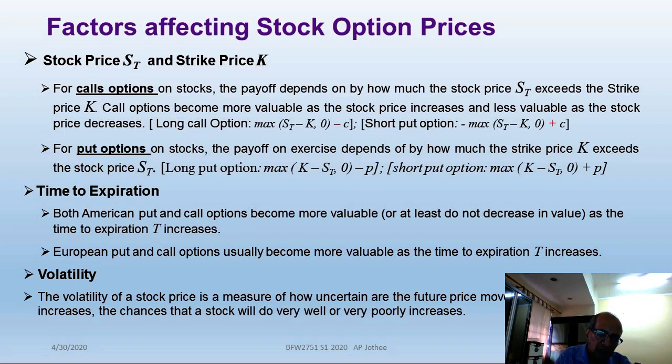Mainly you should see the long call option function, maximum is ST minus K, right? So if the ST is increasing, this becomes larger and K being constant, you will see the difference become higher and higher. So the call price will be determined by what are the chances that the stock prices will be going up.